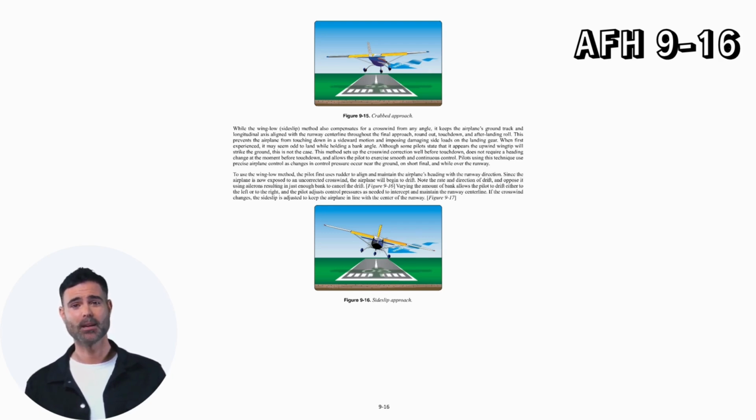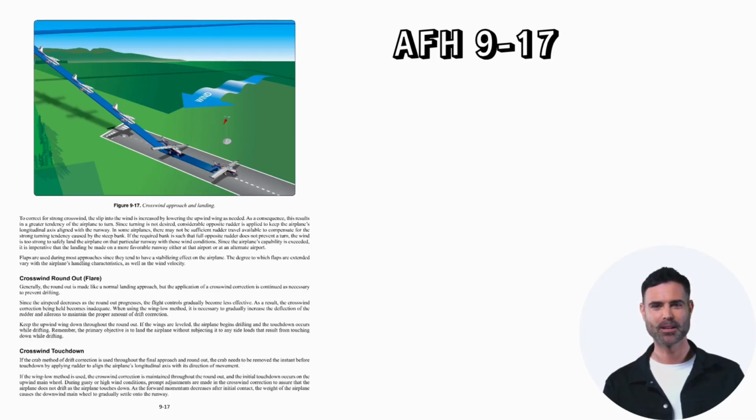Varying the amount of bank allows the pilot to drift either to the left or to the right, and the pilot adjusts control pressures as needed to intercept and maintain the runway centerline. If the crosswind changes, the side slip is adjusted to keep the airplane in line with the center of the runway. To correct for strong crosswind, the slip into the wind is increased by lowering the upwind wing as needed.